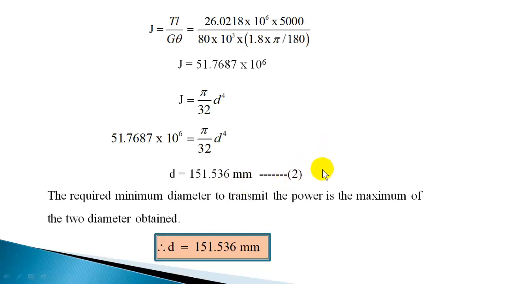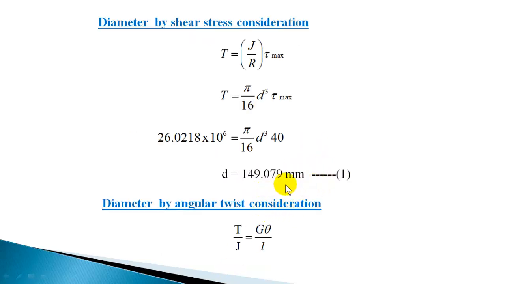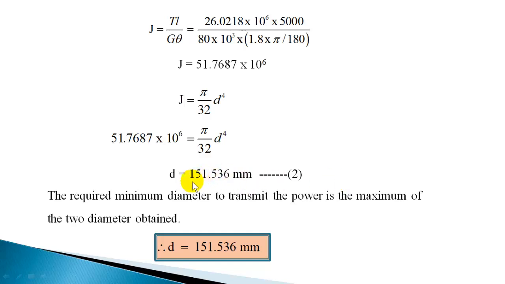Out of these two values, 149 and 151, which diameter should you use? You should always use the maximum diameter as the minimum required diameter for transmitting this power while satisfying both constraints.